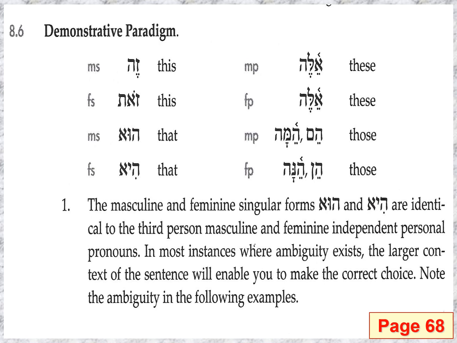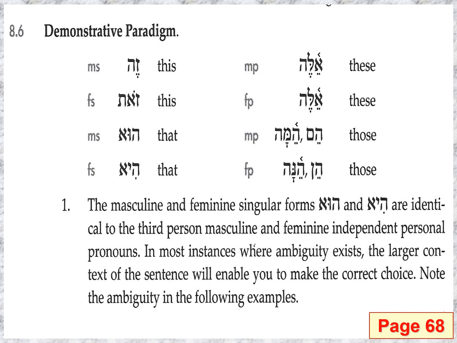Well, context will help you determine whether it's referring to the pronoun or the demonstrative. Same with the feminine singular, hi. We joked hi is she or feminine it. Well, it can also be a far demonstrative, so that, hi. So we have zot, hu, hi.